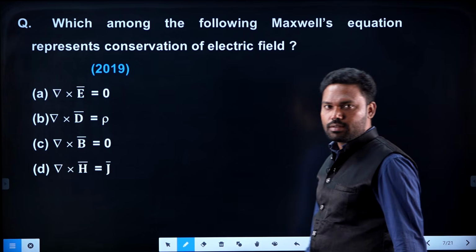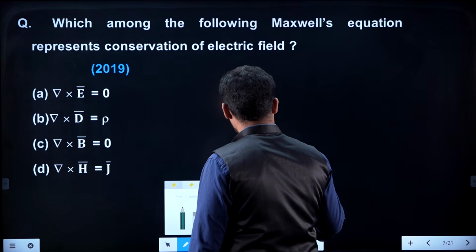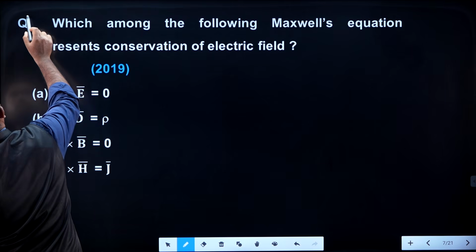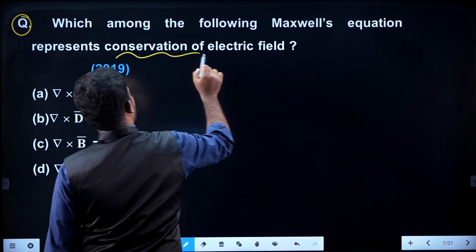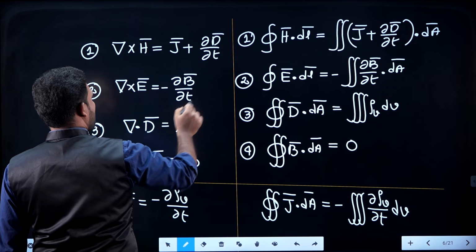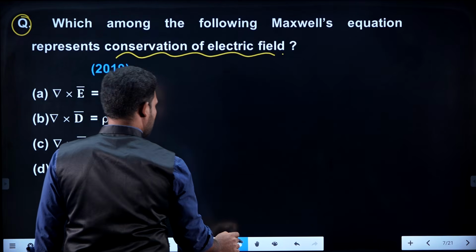See one more question. Which among the following Maxwell's equations represents the conservative property of electric field? What is the conservative property? Suppose if we consider the static case. For the static case, dou by dou T is 0.